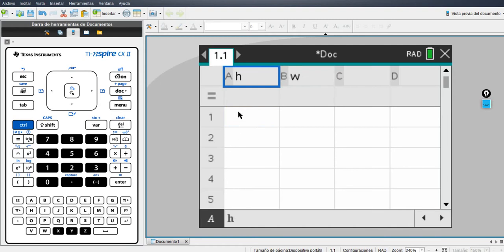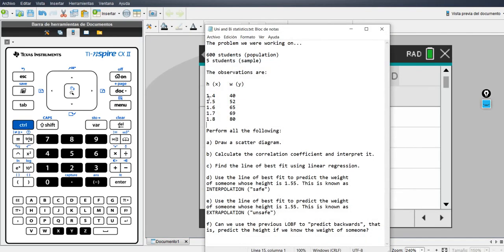Okay, and then, oh, and by the way, I was forgetting. I'm using obviously the computer software, but I'm gonna try to tell you how to do it by using the keys in the calculator. So now you are positioned in this cell, and just enter the values, right? 1.4, 1.5, etc. up until 1.8 in jumps of 10 centimeters.